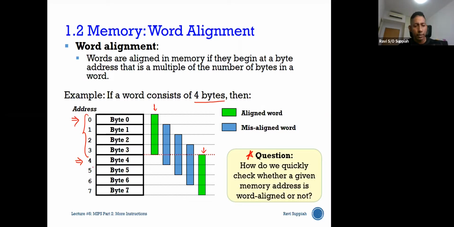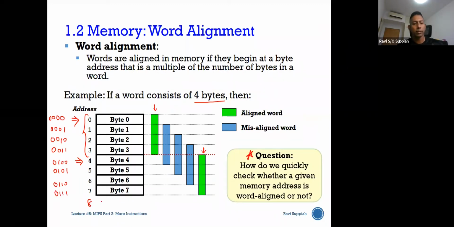If I represent these in binary form, let me put it in 4 bits: 0000, 0001, 0010, 0011, 0100, 0101, 0110, 0111. Then 8 is the next word, that will be 1000. Then 9 will be 1001, and so on.